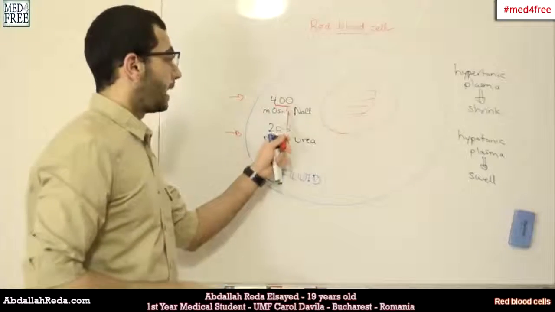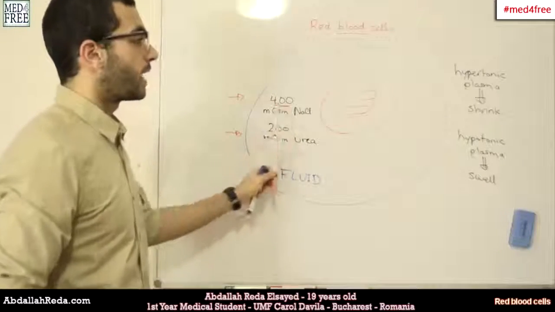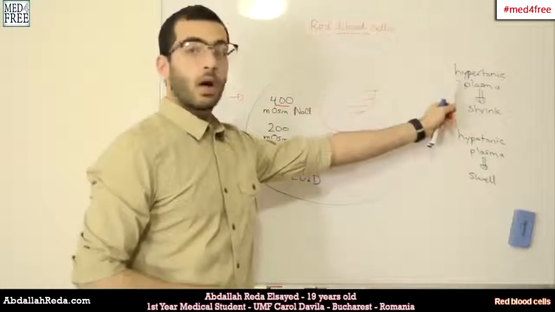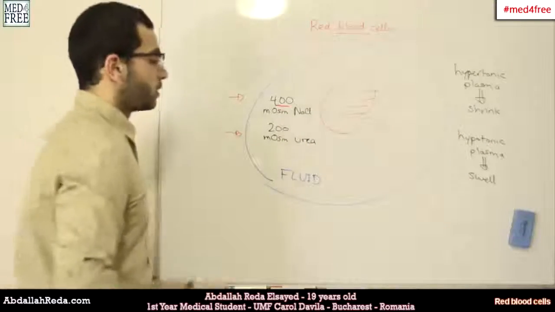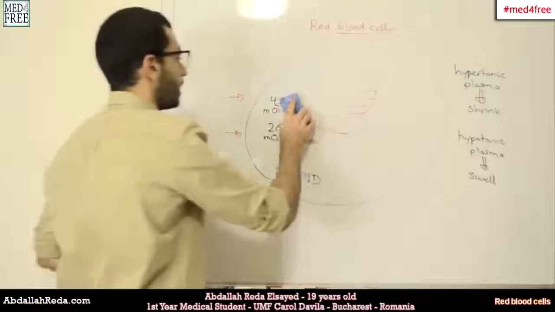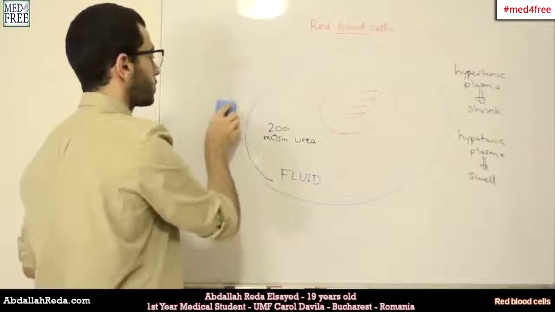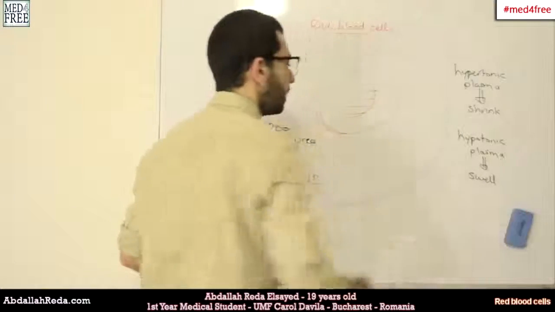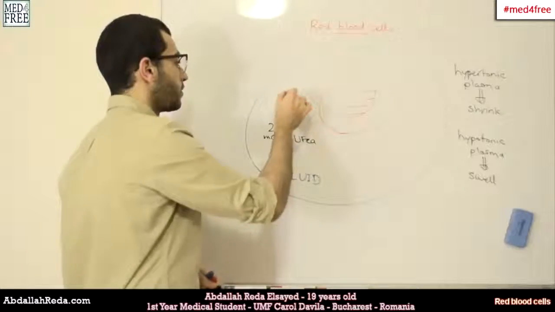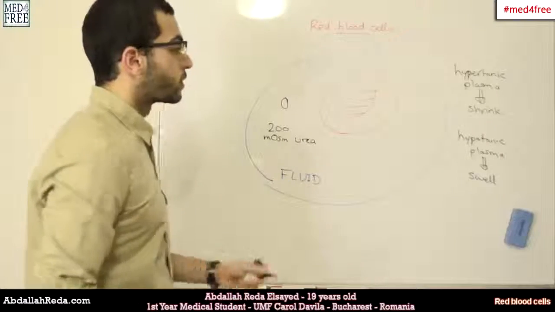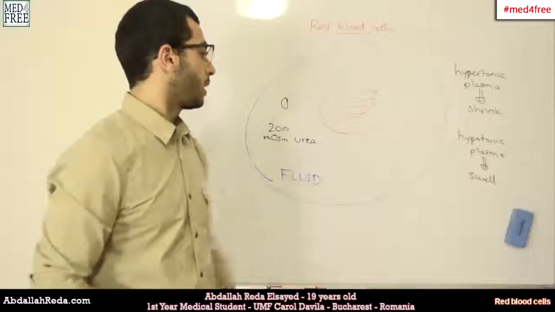So it will be 400. This means that the solution or the plasma is hypertonic, so the red blood cell will shrink. If I said that I just have 200 milliosmoles of urea, nothing else, no sodium chloride, then in this case the effective osmolarity is 0. And of course it will be hypotonic, so the red blood cell will swell.